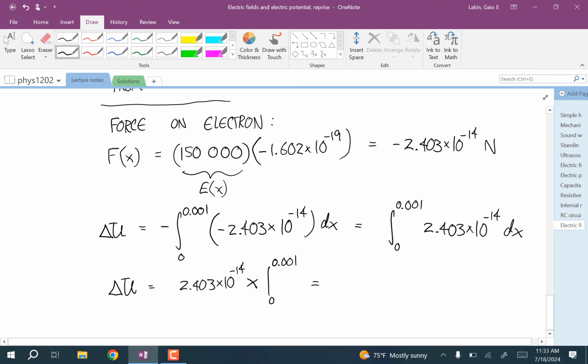And so we get this constant times 0.001 minus this constant times 0, and we get 2.403 times 10 to the minus 17 joules. Again, that's an impossibly small energy, but this is an electron. It's impossible to imagine how small this thing is.